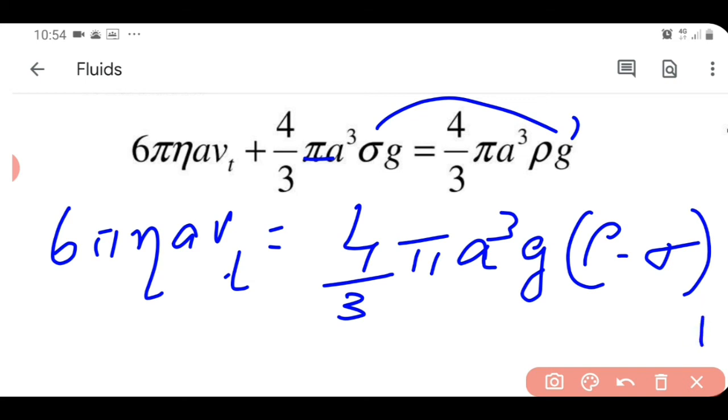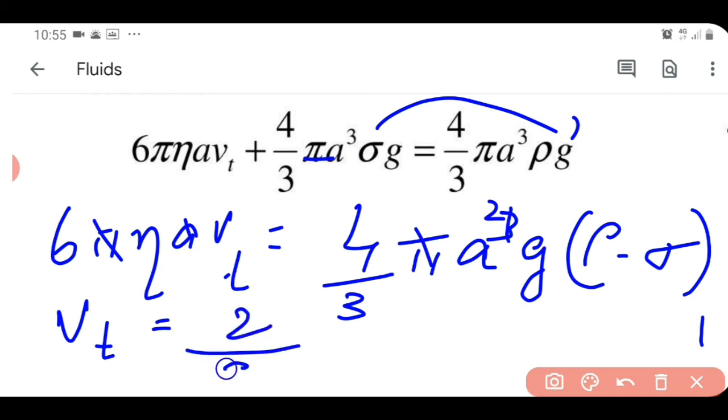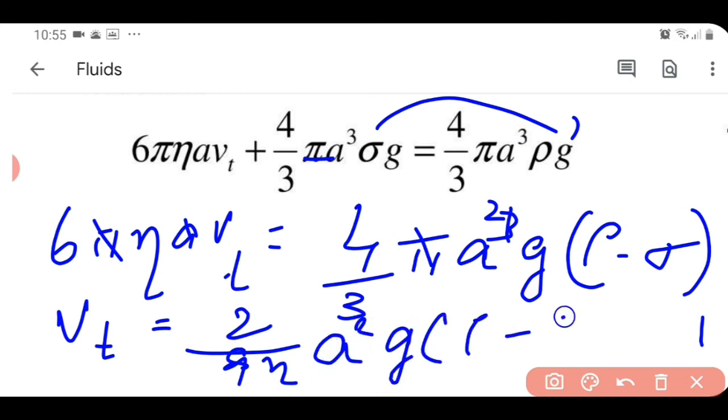So Vt is equal to, the pi will get cancelled, one a also will get cancelled. So here we have a square, and we have 6 here. When we take 6 to this side, 2 will get cancelled and 3 will be there. So it becomes 2 by 9, and eta also will be there in the denominator. So 2 by 9 eta into a square g into (rho minus sigma). That will be the expression for Vt.